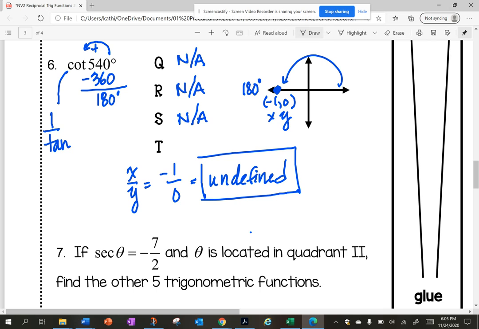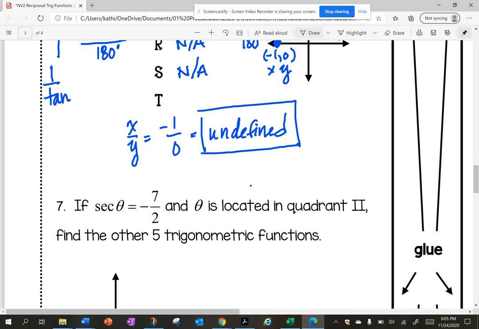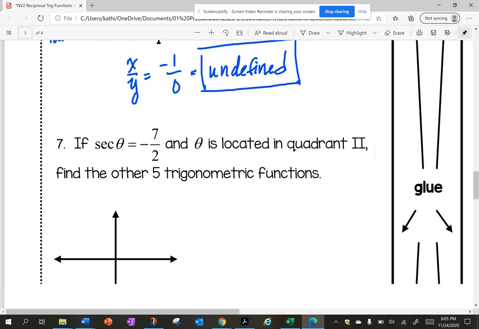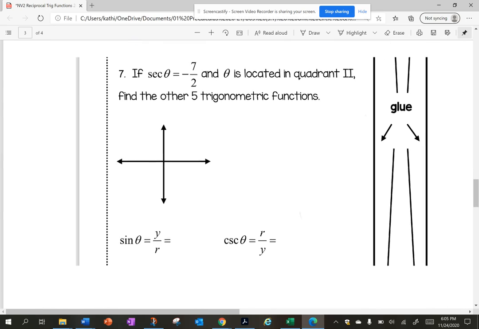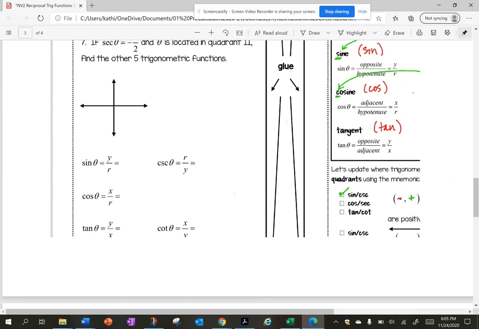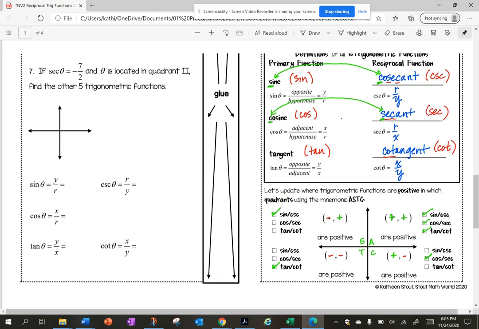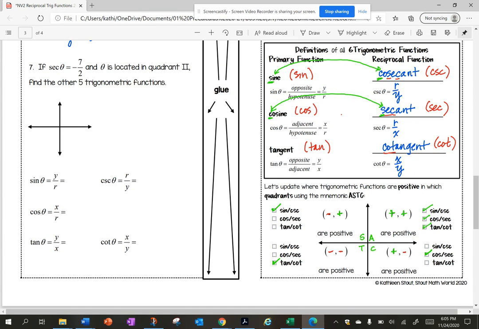Okay, last one. This is drawing the triangle. If the secant of theta is -7/2, and theta is located in the second quadrant, find the 5 other trigonometric functions.